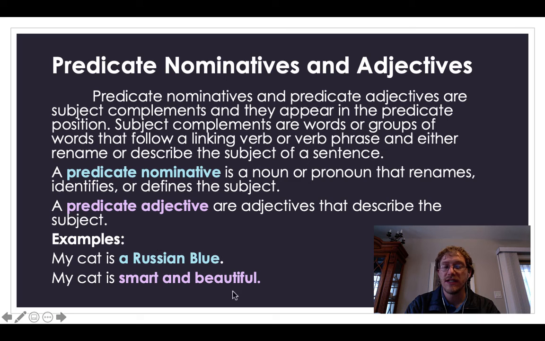So these are a little different than objects because they don't receive an action. Okay? Again, don't worry about the big name, predicate nominative or predicate adjective, because that's for later levels when you get to level 3 or level 4. But just know that in a sentence, you need a complete thought, you need a subject and a verb, and sometimes you will have something after the verb that completes the thought. That might help to think of it that way.